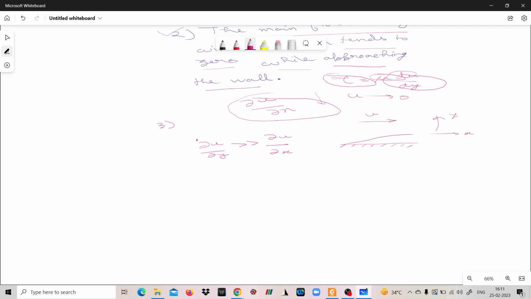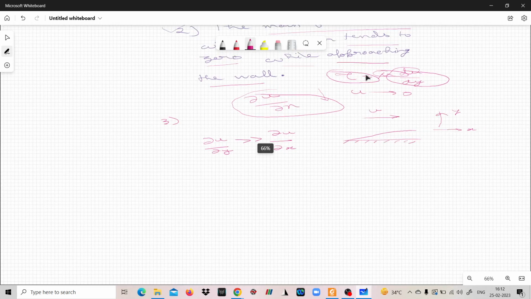Second, the velocity tends to zero when you move towards the wall, which signifies the existence of a velocity gradient. And the third point is the gradient of the main velocity along a direction normal to the solid surface is much larger than the gradient of the velocity along the streamwise direction or the flow direction. So this is the first concept that you remember.